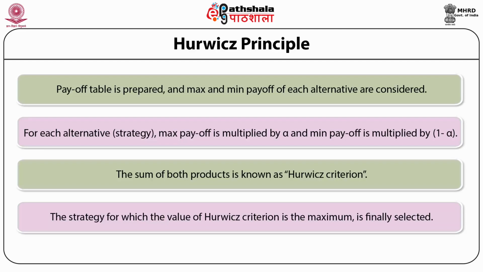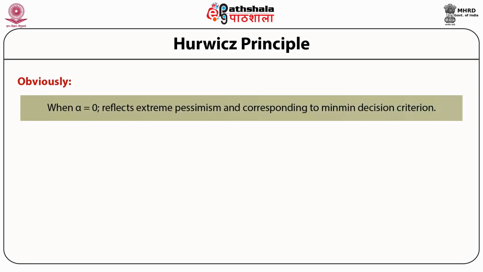This principle provides a mechanism, or we can say a kind of scale ranging from 0 to 1, and this scale measures different levels of optimism and pessimism of any decision maker. The 0 shows extreme pessimism and 1 refers to extreme optimism.